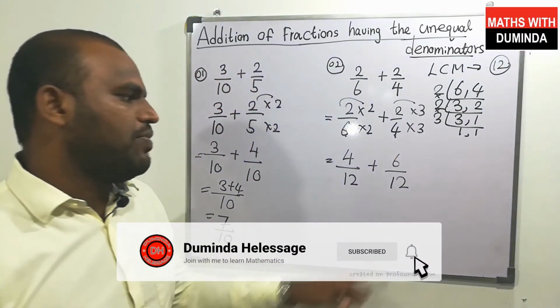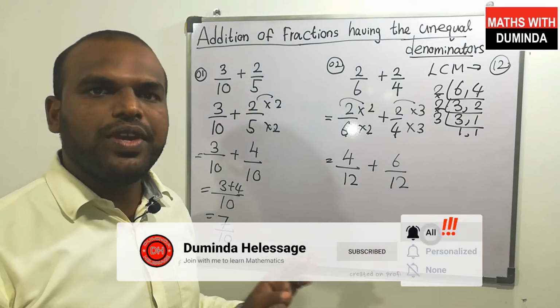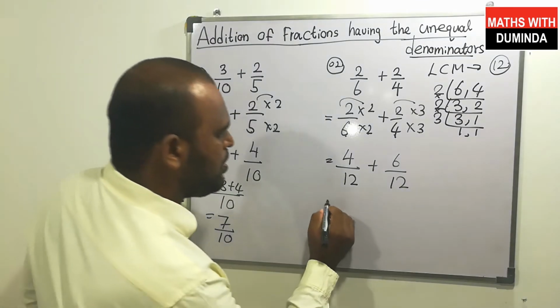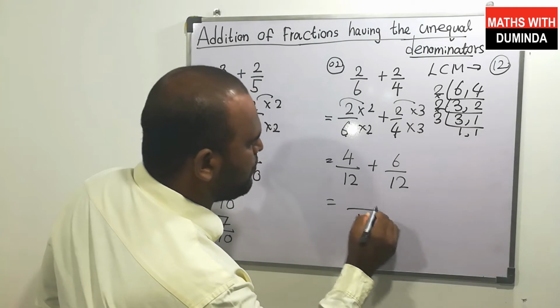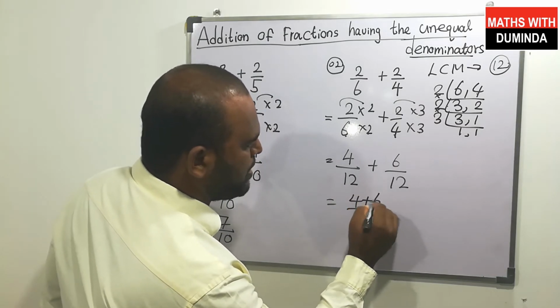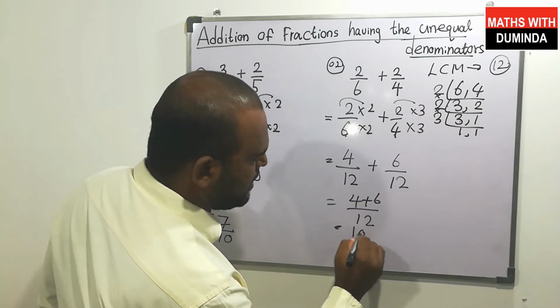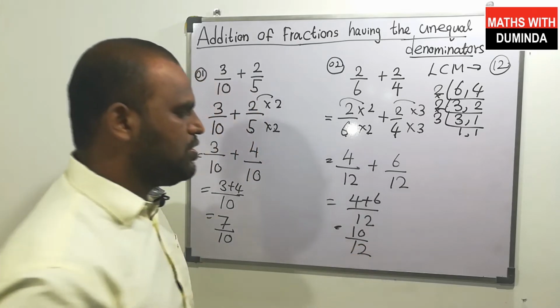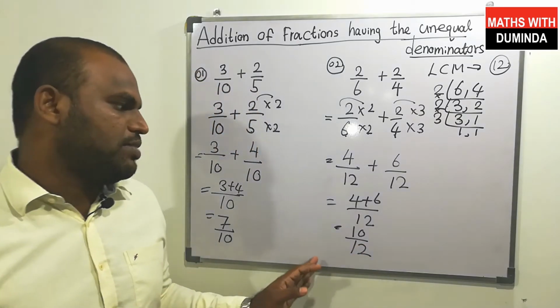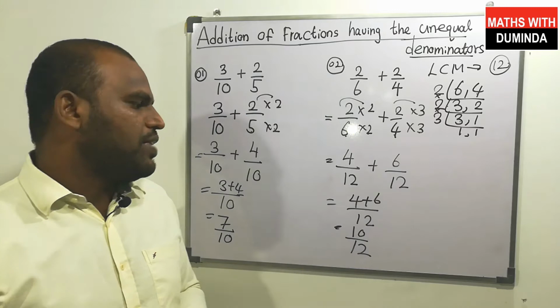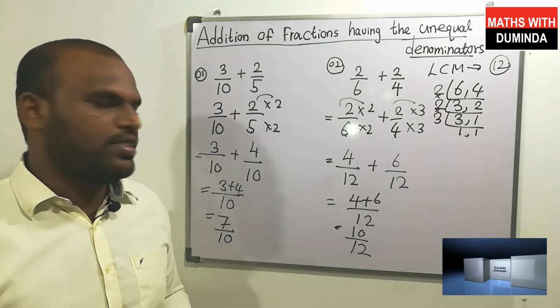Now we can see we have equal denominators. Therefore, we can add the numerators. Let's add them together. 4 plus 6 is 10, so 10 out of 12. This is not my final answer because we can simplify it. I'll keep the answer in simplest form.